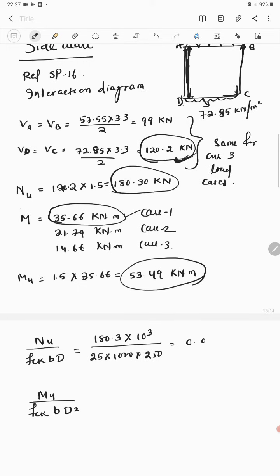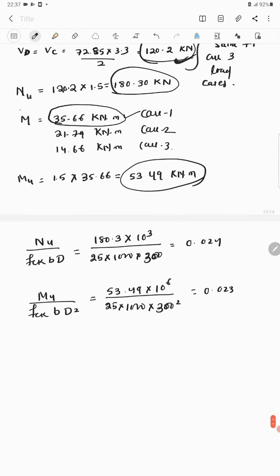So this is coming 0.024, and this one 53.49 into 10 to the power 6, converted into Newton mm, over 25 into 1000 into 300 square. So this factor is coming 0.023. Now to refer to this interaction diagram, we need fy is 415, then d dash by D, which is equal to 40 by 300, so this is 0.13.